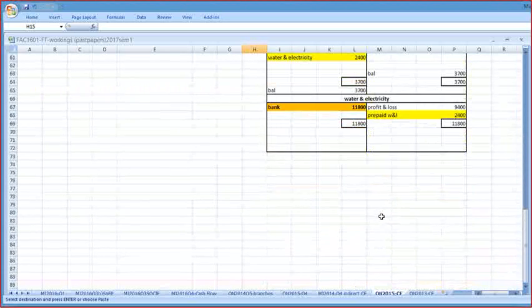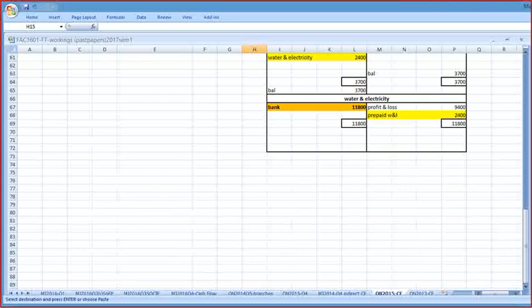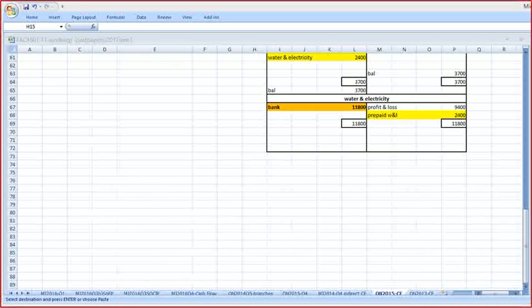So it's a liability. Accrued interest expense and interest expense.